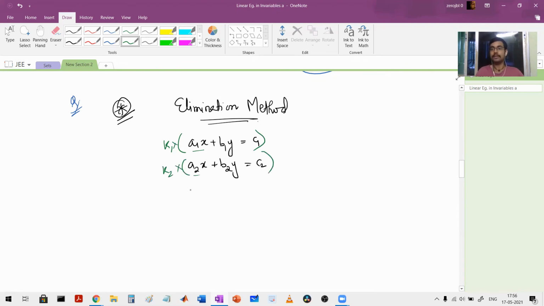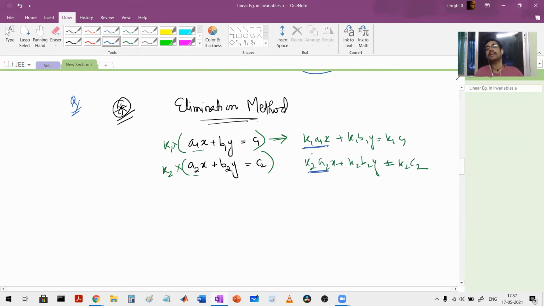So that this equation becomes k1 a1x plus k1 b1y is equal to k1 c1, and this becomes k2 a2x plus k2 b2y is equal to k2 c2. This equation has this as common. If you target x, then this should be equal. Are you getting my point?